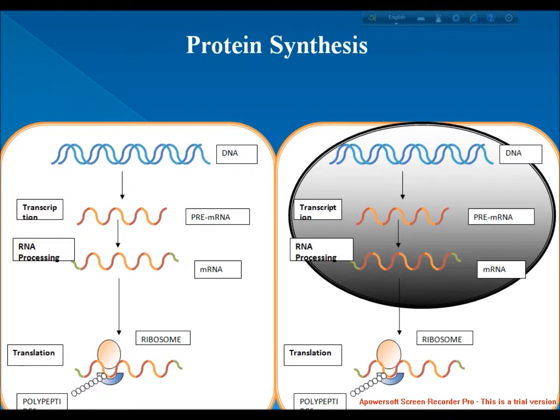RNA processing, or post-transcriptional modification, refers to the molecular mechanisms that lead to the production of mRNA from pre-mRNA.